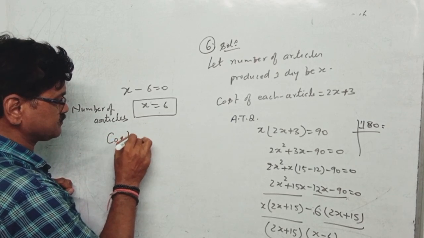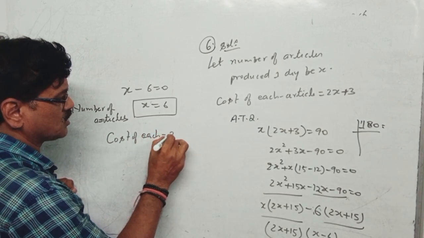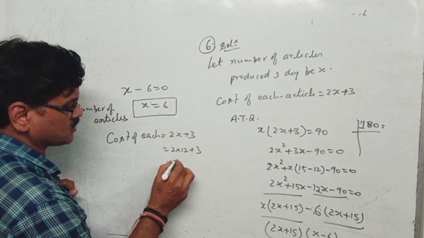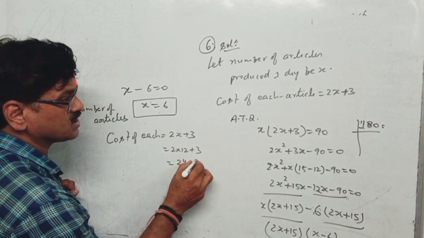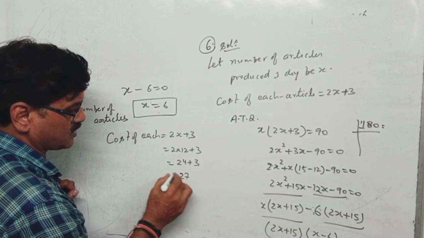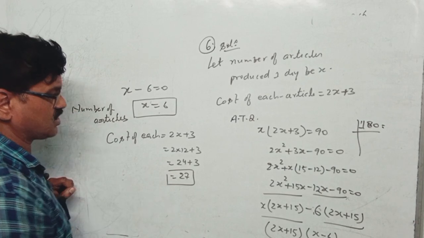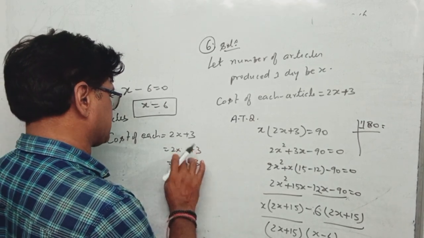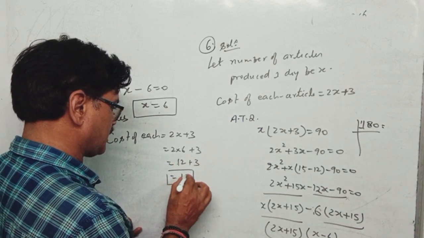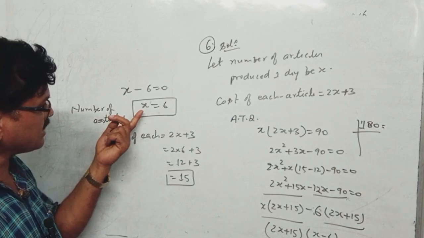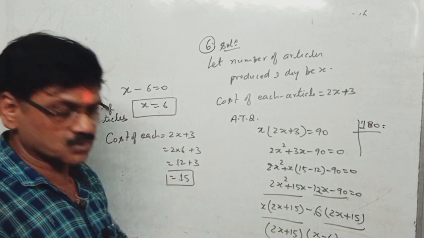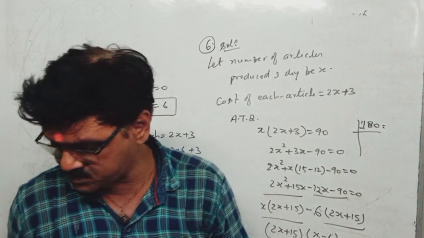Cost of each is equal to 2x plus 3, means 2 into 6 is 12, plus 3 is equal to 15. And you can see that if there are 6 articles and each article costs ₹15, then 15 times 6 is 90. So like this I have completed this question.